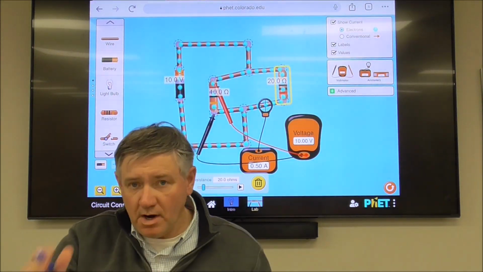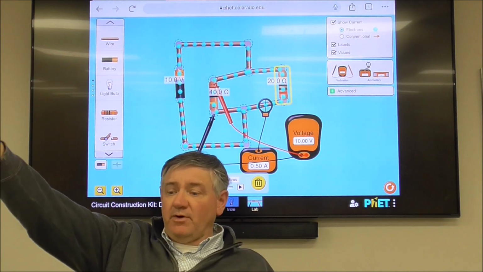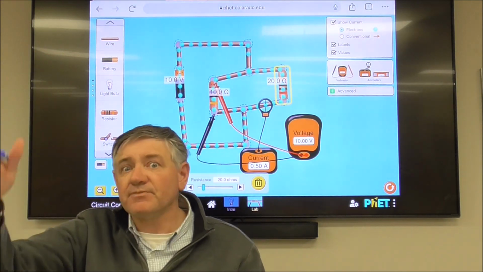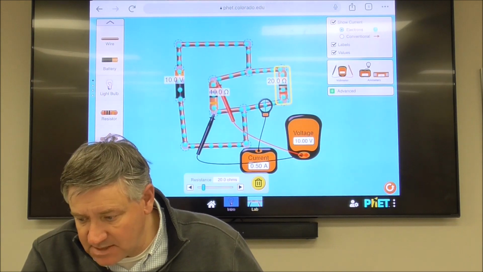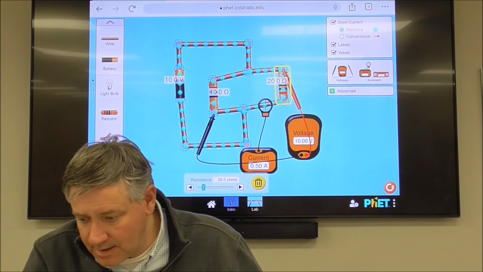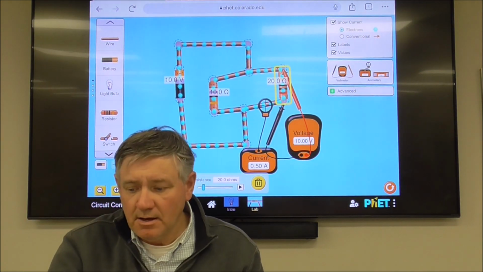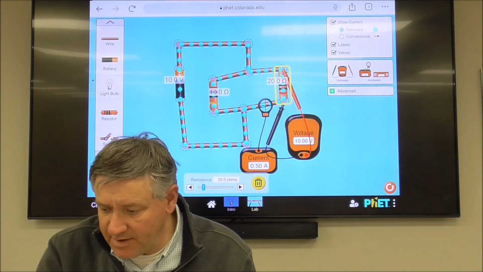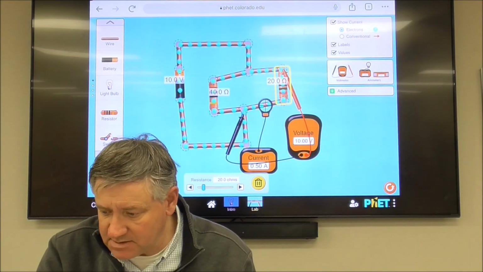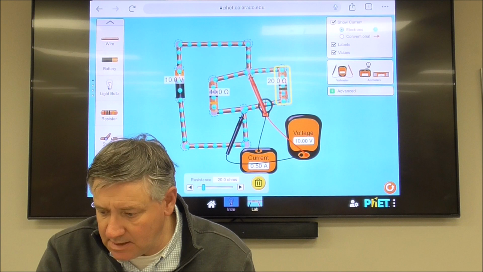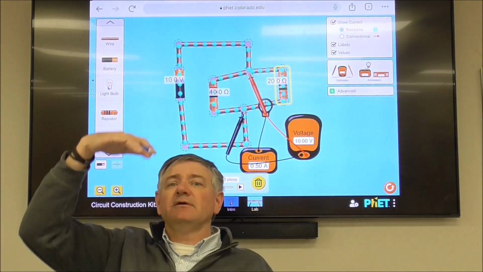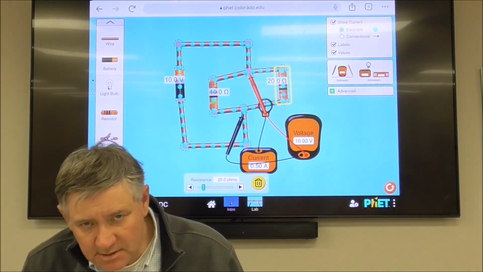So even though I've shifted it and made the 20 volts and the 10 volts, they still have the same voltage drop as the 10 volt battery. And even if I measured it all the way across between the beginning and end of the circuit, that's still going to be 10 volts.